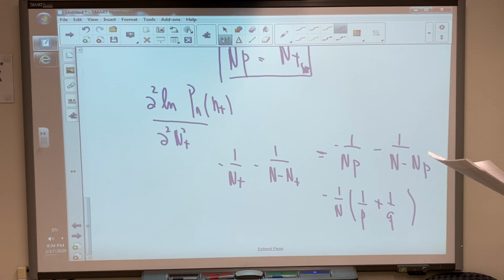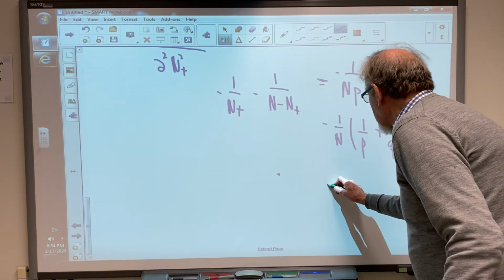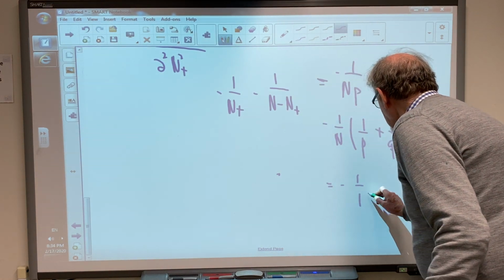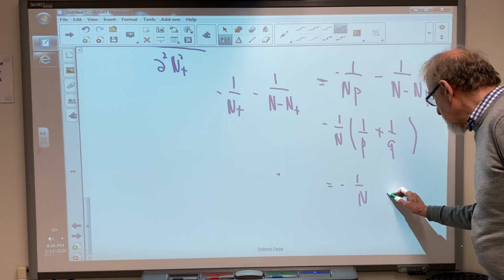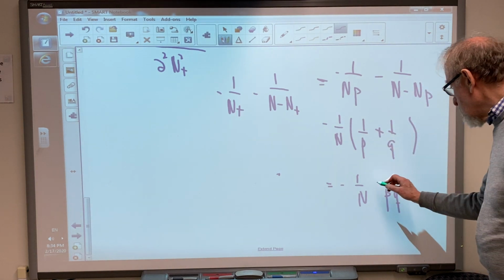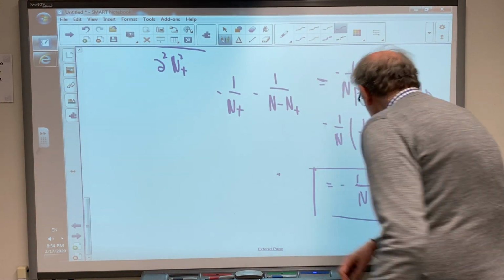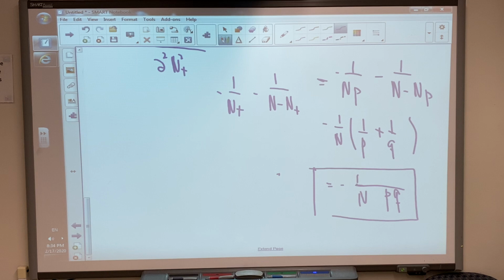Okay? Or even more, you can write it simpler as minus 1 over n, sum these two fractions, what you get? pq, and on top you get q plus p, which is 1. So this is the second derivative, minus 1 over npq.